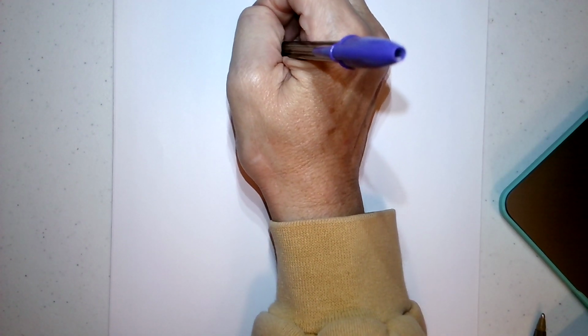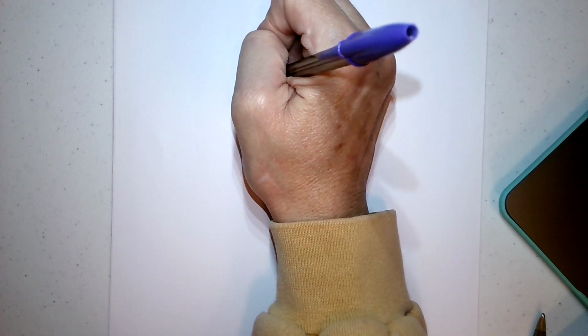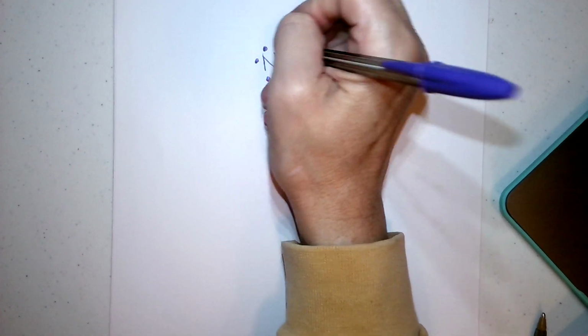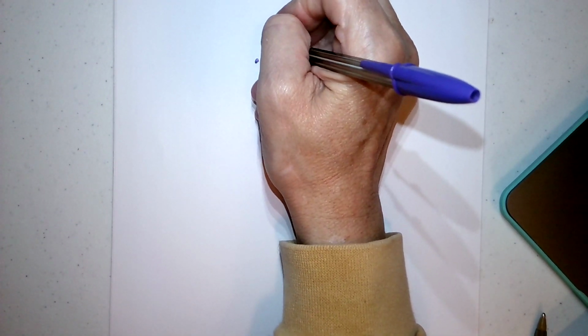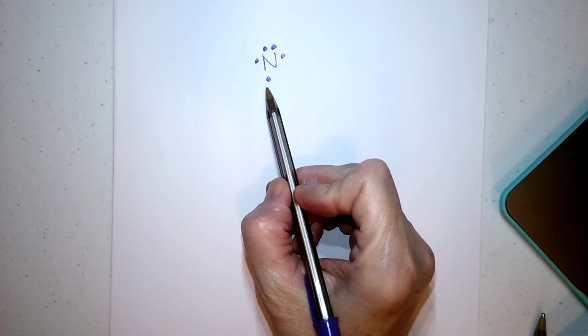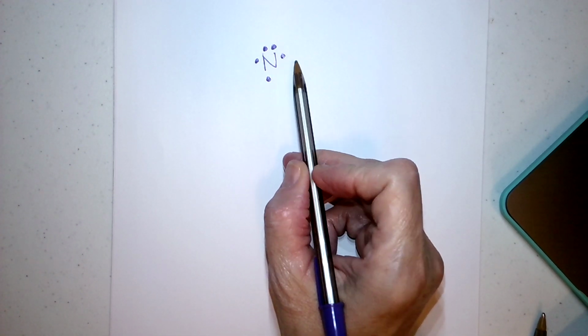So nitrogen has 5 valence electrons. We're going to put these top, bottom, left, and then right. I always do it in that order, but it does not matter. I need 5 dots, right? So I'm going to draw one more up on one of the sides, either the top or the bottom or the left or the right.